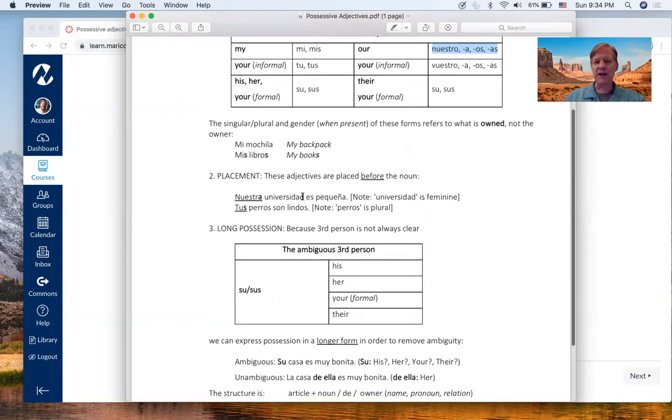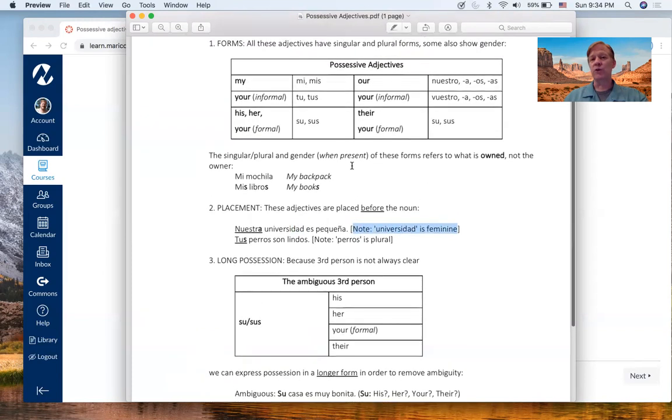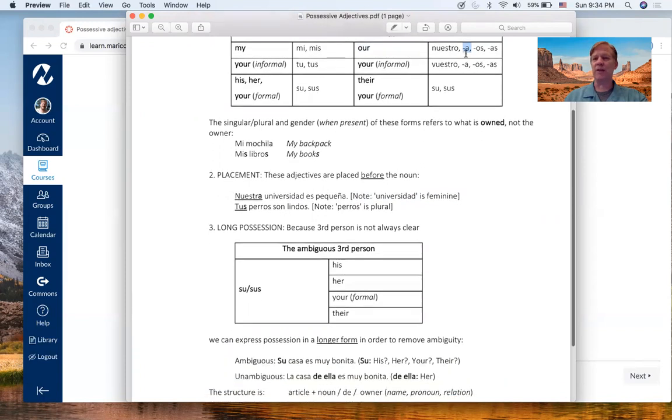So universidad, if you remember from module 1, words that end in dad are 100% feminine. So universidad is feminine singular. So which form of our is feminine singular? That's right, nuestra. So I need to pick that form for this noun. Nuestra universidad es pequeña.